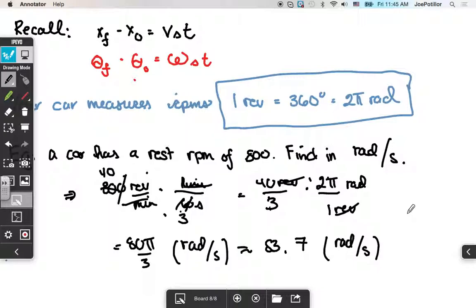And to translate that, there are about 6.28 radians in a circle. So you're making about 13 full circles per second approximately.